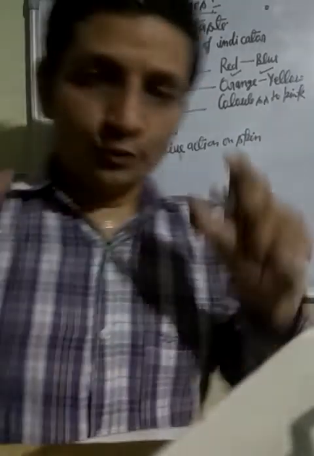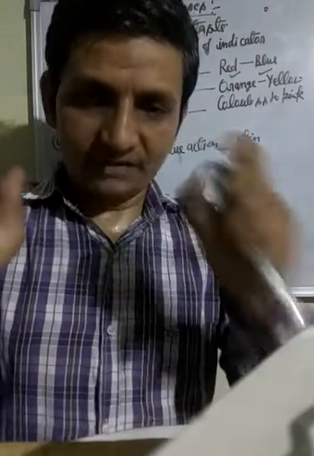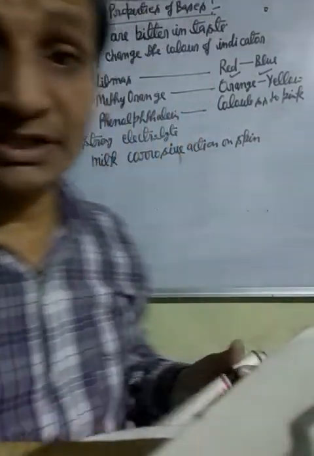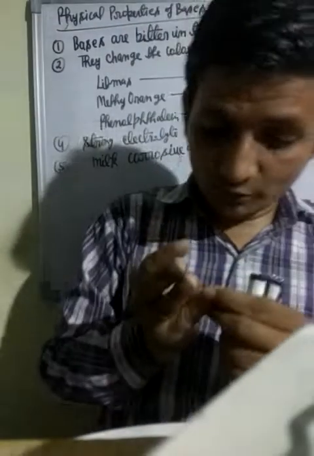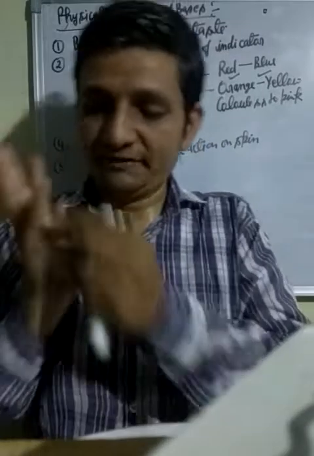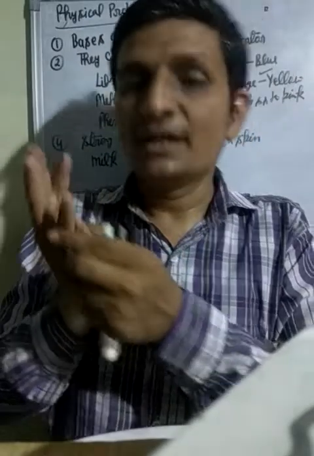Students, I hope that you can understand the physical properties of bases. Now I am telling you the chemical properties of bases. There are a total of 4 chemical properties. First, reaction with carbon dioxide. Second, reaction with acid.